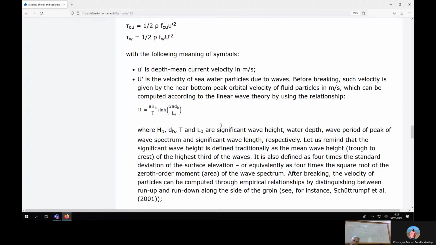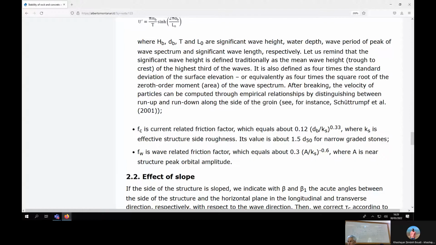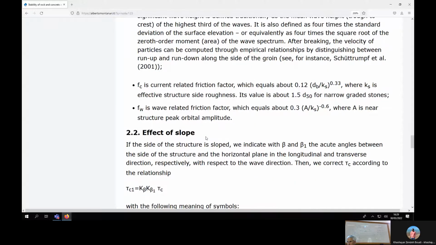So once you know the behavior of waves approaching the groin or the breakwater, you can estimate the shear stress, and then you compute tau, and then you go to the Shields diagram and make your computation. Now, effect of slope.